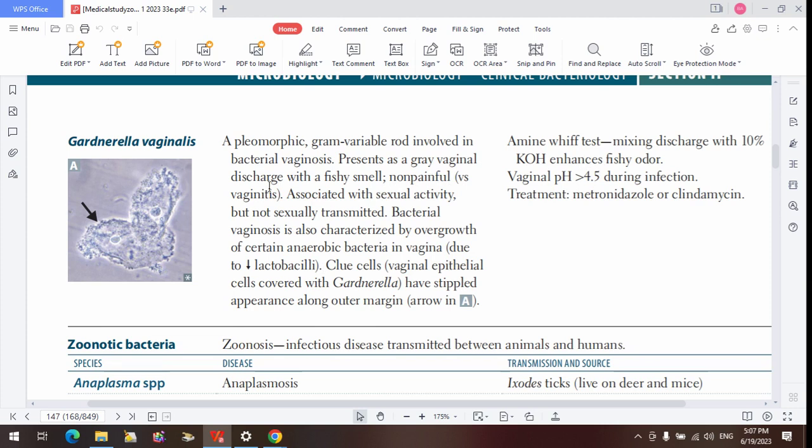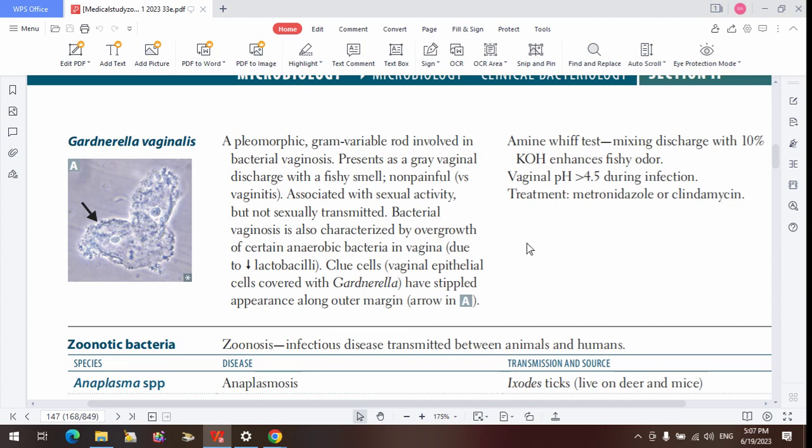You just need 3 of 4 to make a diagnosis of bacterial vaginosis.